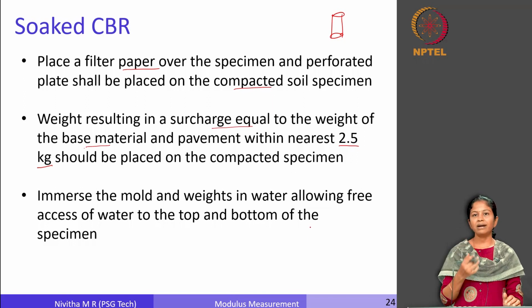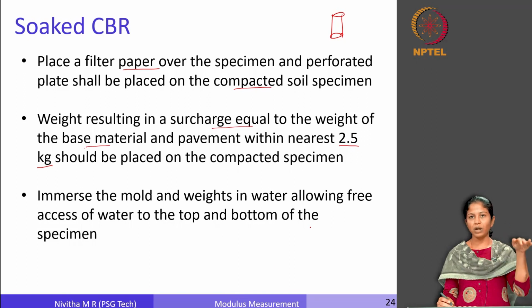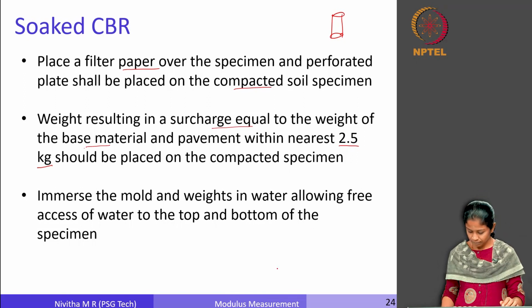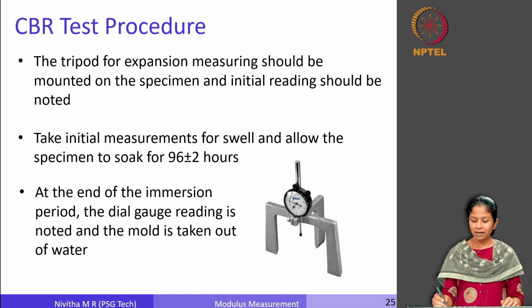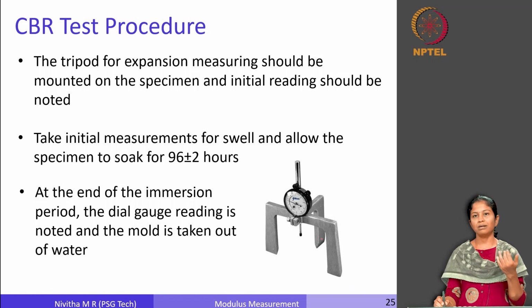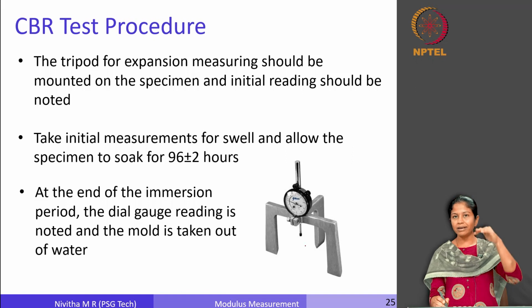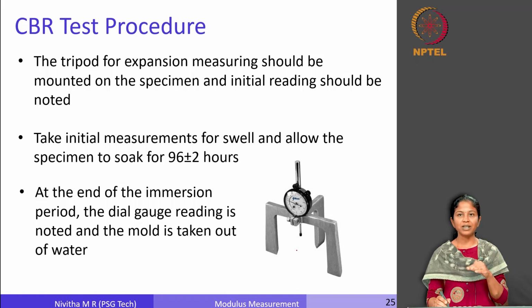It should be noted that the sample should be completely immersed in water, there should be free water all over the sample. So, once you place it, you also place a tripod which is for measuring the expansion in the sample, right. If there is any expansion in the sample when subjected to moisture under the surcharged case, right.